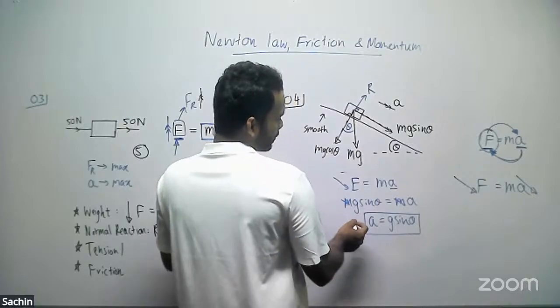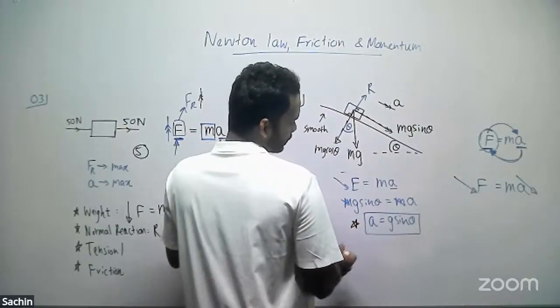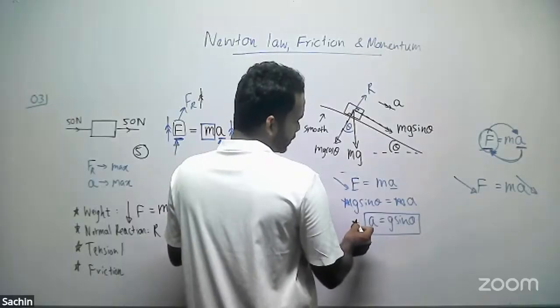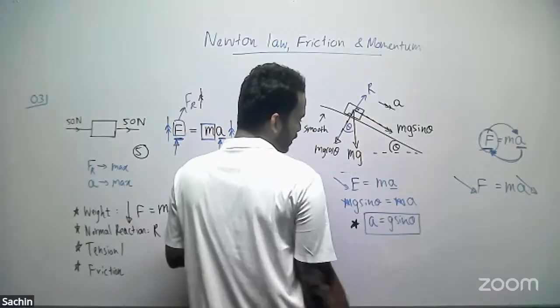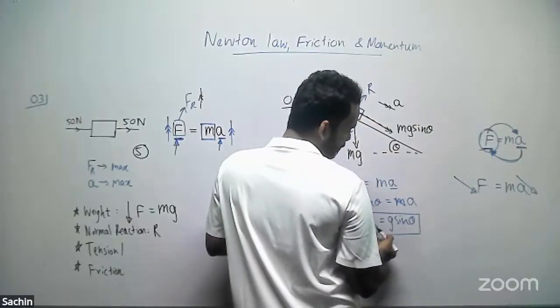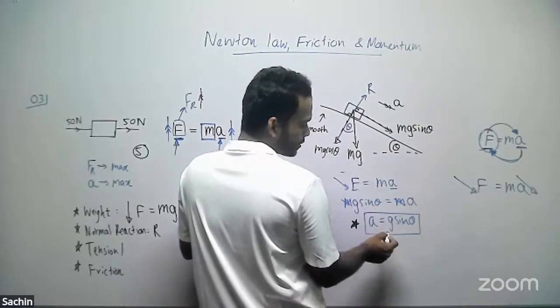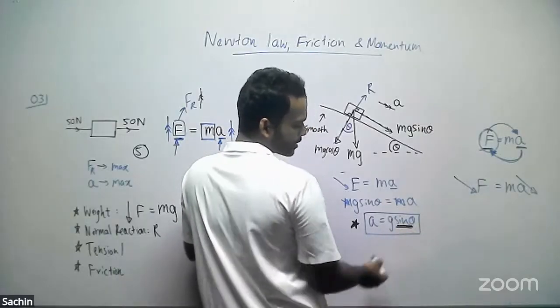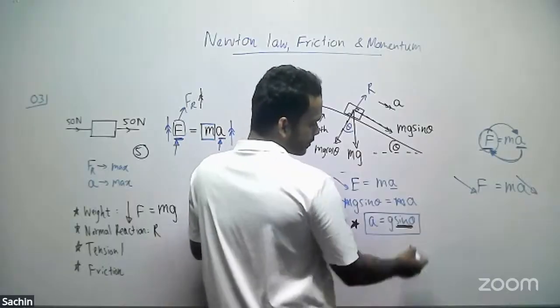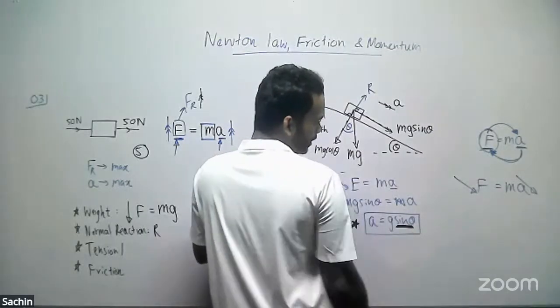When you get this kind of a question, just remember this point. The acceleration along a smooth inclined plane is always equal to g sin theta. That means the acceleration only depends on the inclination of the plane. g is a constant, g is just 10. Acceleration depends only on the inclination angle.